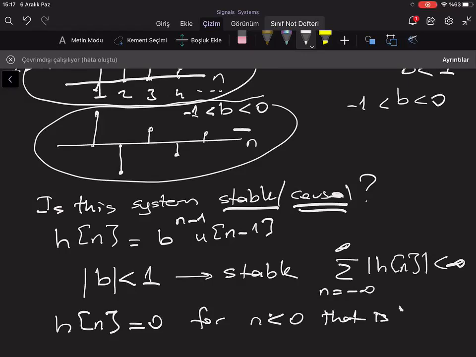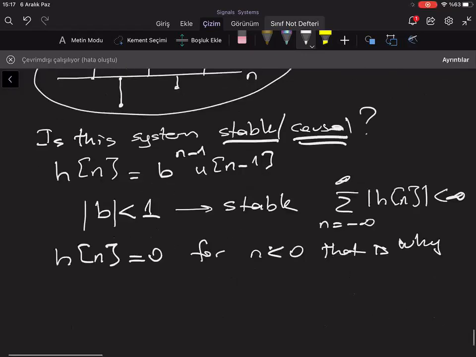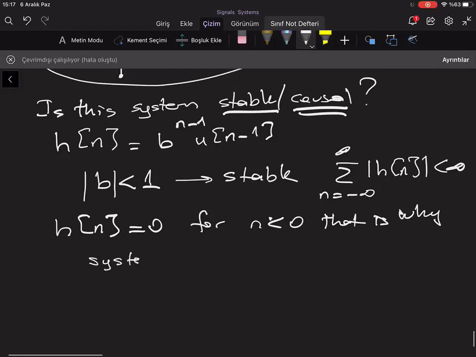That is why this system is causal. Okay, so I hope this part is clear for you.